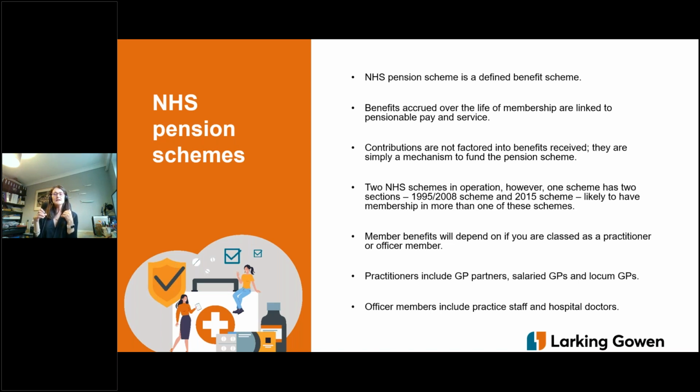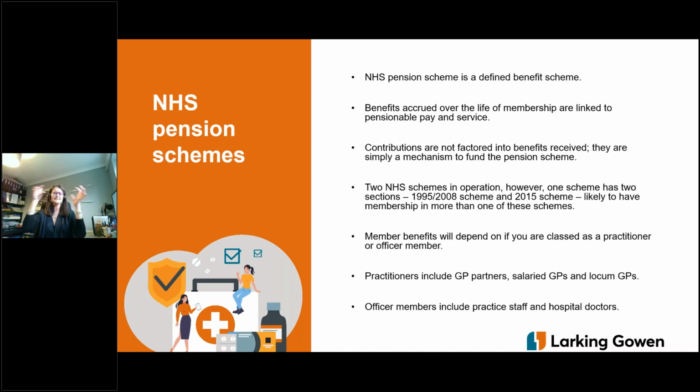Now, GPs are what's called practitioners. So they're in practitioner schemes. So you've got the 1995 scheme, and a GP would be a practitioner in that part of the scheme, whereas a hospital doctor or a member of staff working at your surgery would be what's called an officer member, also in that 1995 scheme.